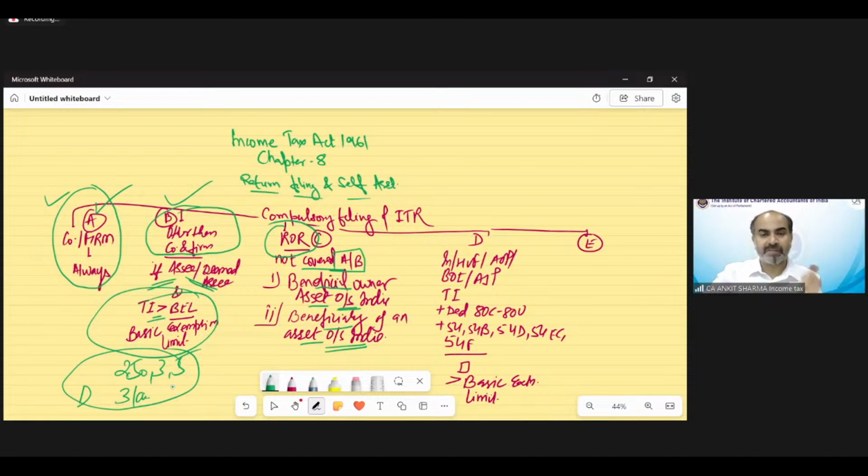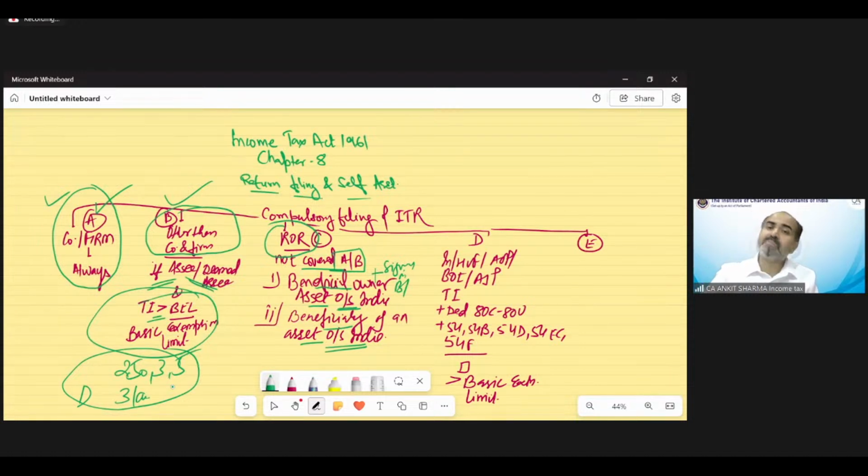So you are a beneficial owner, plus you have a signing authority in any bank account outside India. We have discussed these provisions in detail in our normal class also. I'm just trying to revise those basic or important topics. So of course, if you are a resident and ordinarily resident, and if you are fulfilling point number 1 or 2, then you also need to file your income tax return.